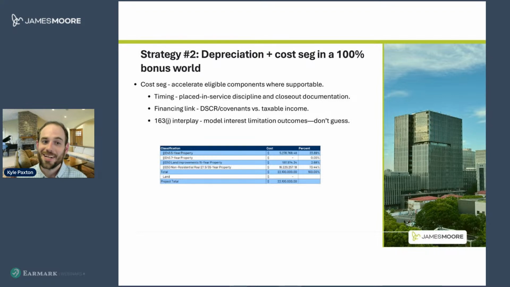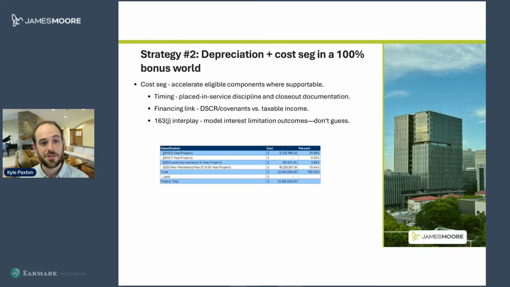Again, my caution here is this is all time value of money. So down the line, when we exit this property, you're going to have to recapture that initial deduction. But the advisory component in this is all about freeing up cash flow, and when does the timing make the most sense? If you have a year where you have losses, does it make sense to accelerate your depreciation when your effective tax rate is 0 or 10%?